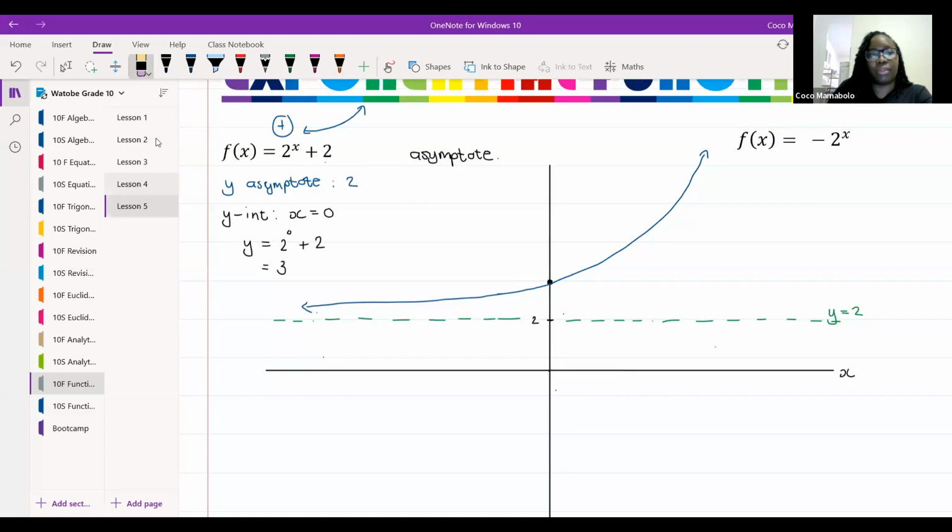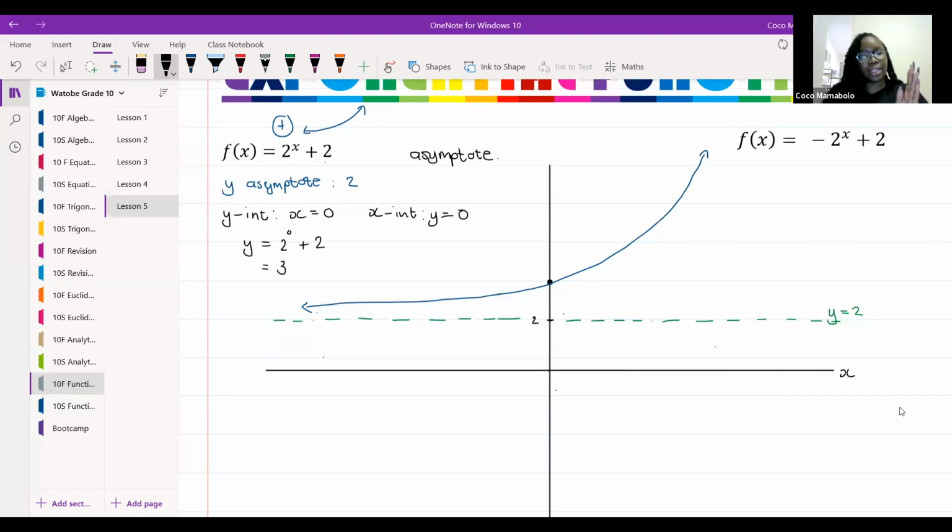Olarato, last question, guys, because we're going to move on to the next question. Ma'am, will the y-intercept always be x equals 0? Yes, always. Y-intercept, x equals 0. What about the x-intercept? Y must equal 0.